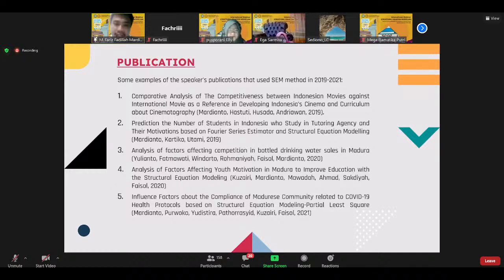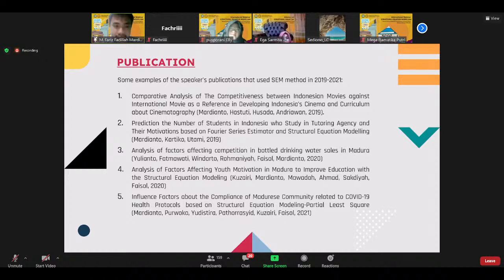The second is about predicting the number of students in Indonesia who study in tutoring agencies and their motivation. I combine regression modeling and structural equation modeling. This is one part of my dissertation.